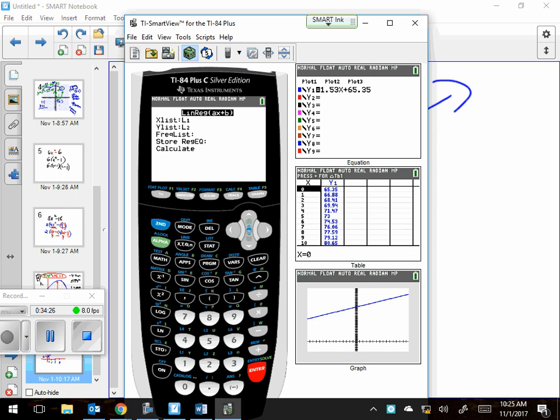So where do you get those? L1 and L2 are actually on the screen here. There's L1. There's L2, the little blue thing above the 1 and the 2. And you need to put a comma, which is right here. L1, comma, L2, comma. Then you'll go look up that Y1 under vars.